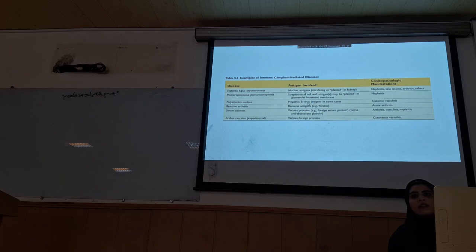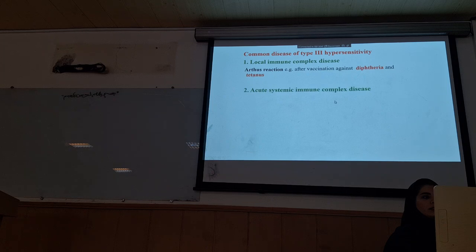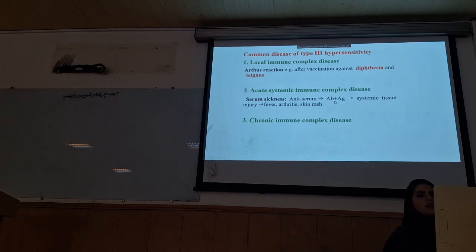Hepatitis B virus is the antigen, so it is an exogenous antigen. This antibody-antigen complex will be deposited in the blood vessels. These are examples. You study the examples from your table.